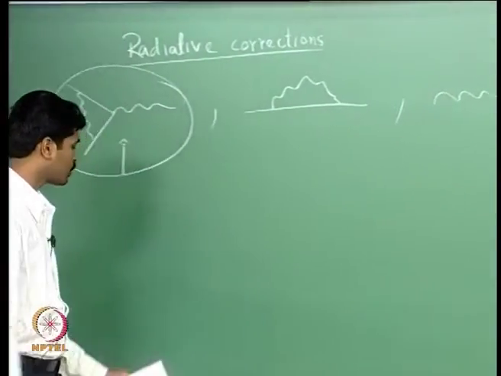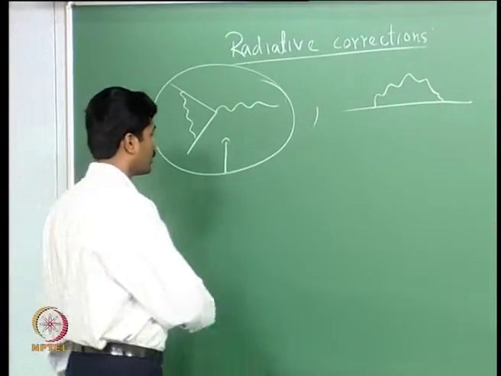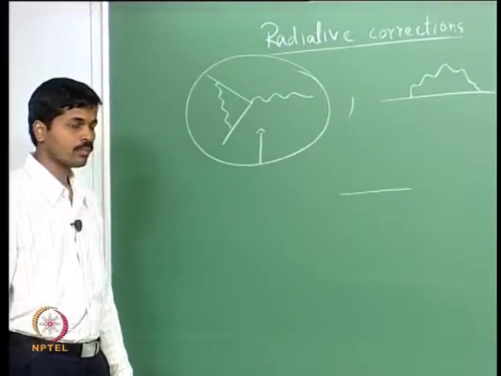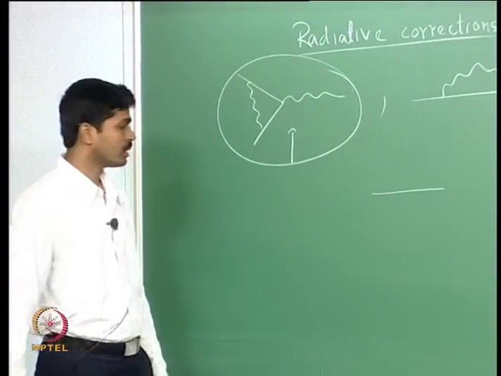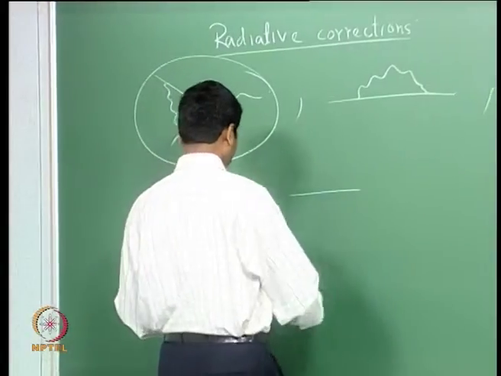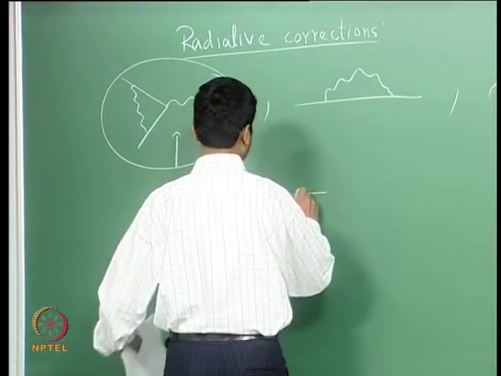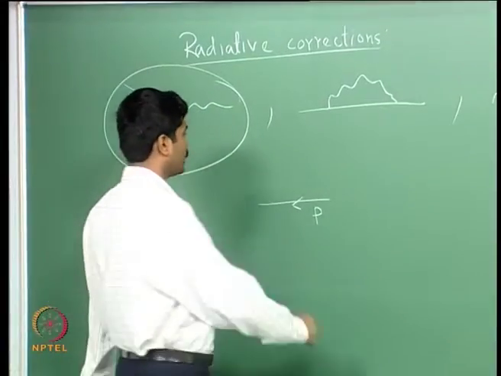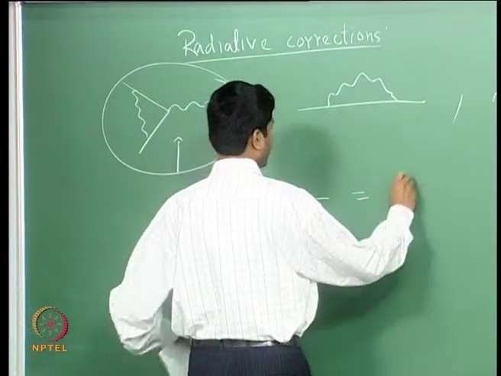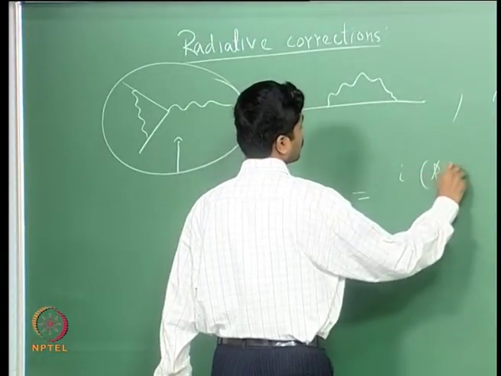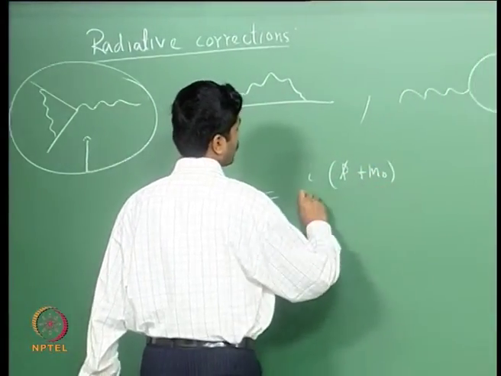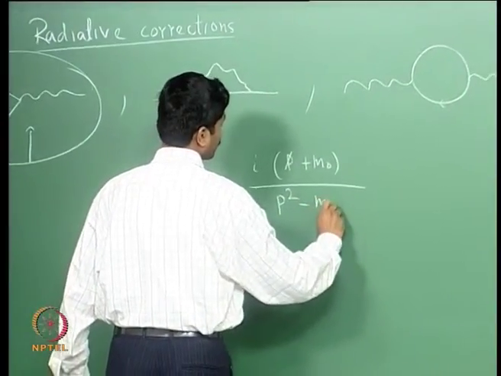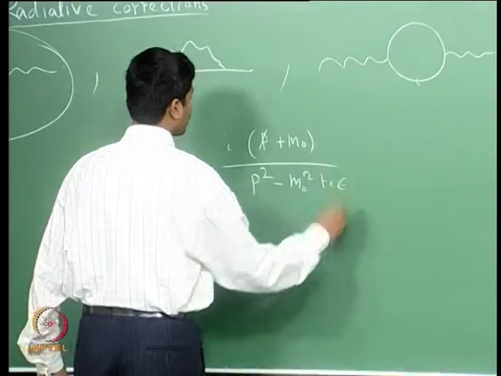So the 2-point function, we know already at tree level, is basically given by this diagram here, and the contribution is just the free propagator. If I denote this momentum to be p, then the propagator is given by i (p slash plus m0) divided by (p squared minus m0 squared plus i epsilon).